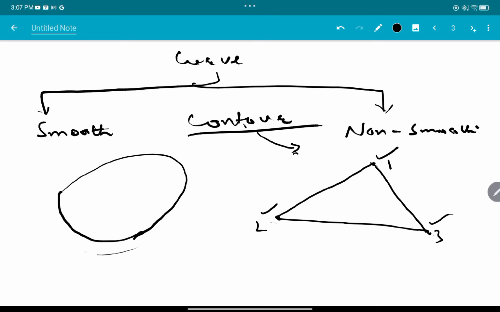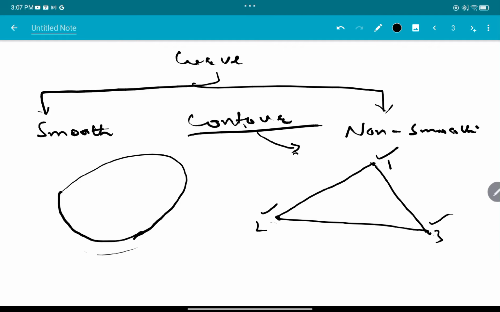However, there are people who say that no, a contour refers to both closed as well as open curves. The only requirement for qualifying as a contour is that the curve should be either completely, infinitely smooth, or at least piecewise smooth.